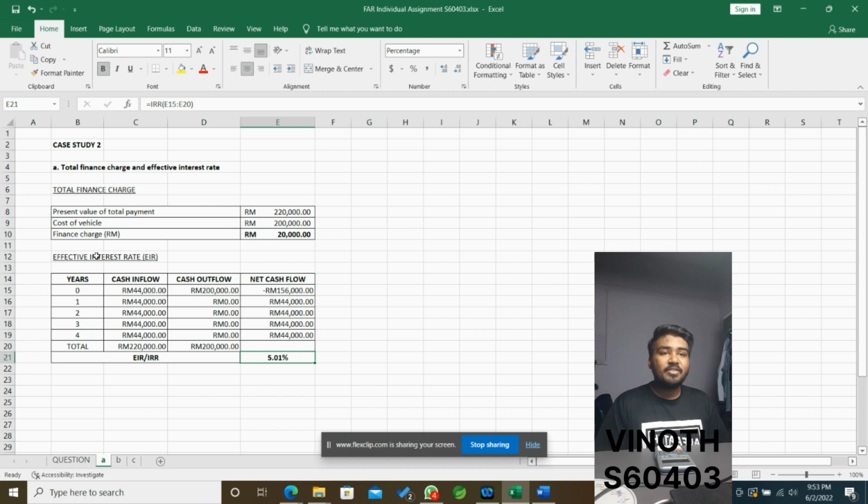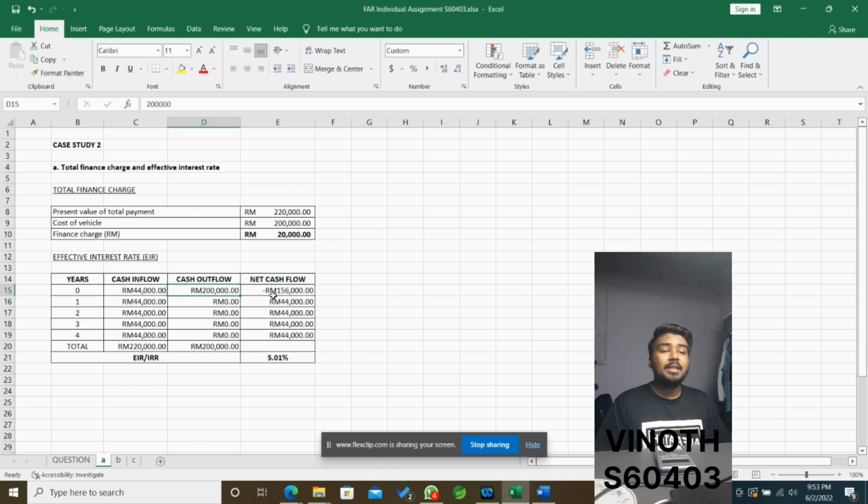Next is the effective interest rate, the EIR, where you have the cash inflow of 44,000, 5 times. Then the cash outflow for the first is 200,000, and on the far right is the net cash flow. So how do you get the net cash flow? It is the cash inflow minus the cash outflow.